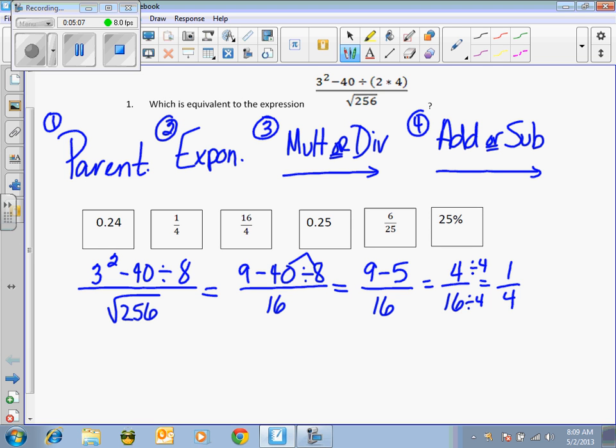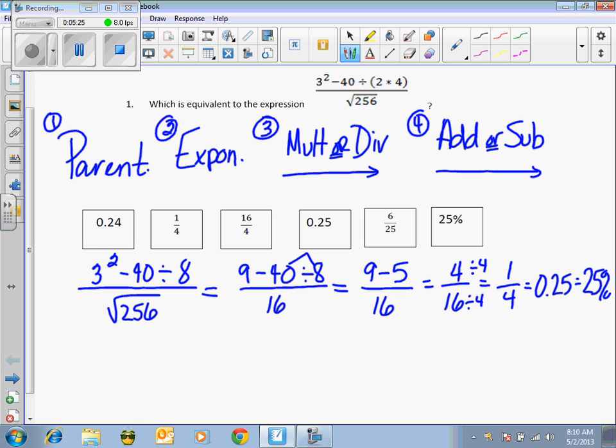So I'm going to go ahead and write that using my prior knowledge. 1 divided by 4, that's 0.25. If I multiply 0.25 by 100, it's going to be 25%.